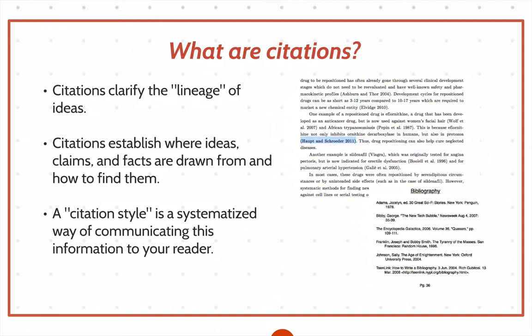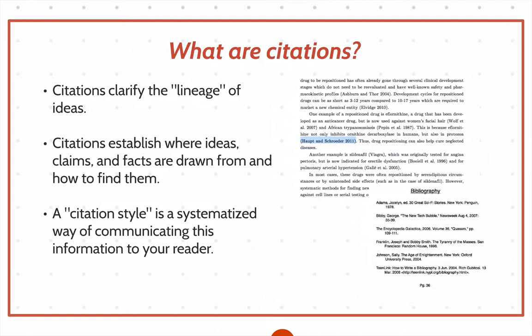On your right-hand side, you see some examples of citations, right? At the top are in-text citations. That's one form of citation that you can use. You see these parenthetical citations at the end of a sentence, with authors' names and years. Down in the bottom, you have a bibliography.